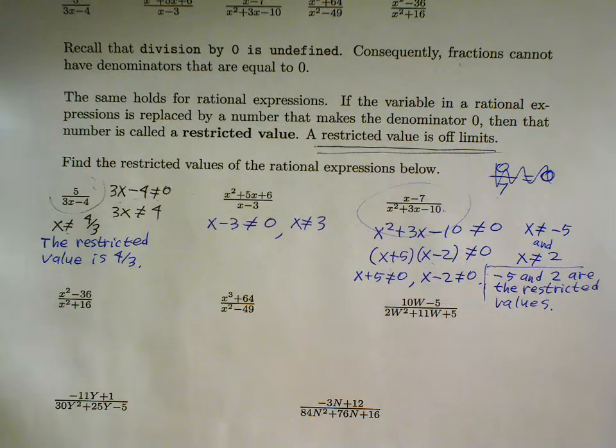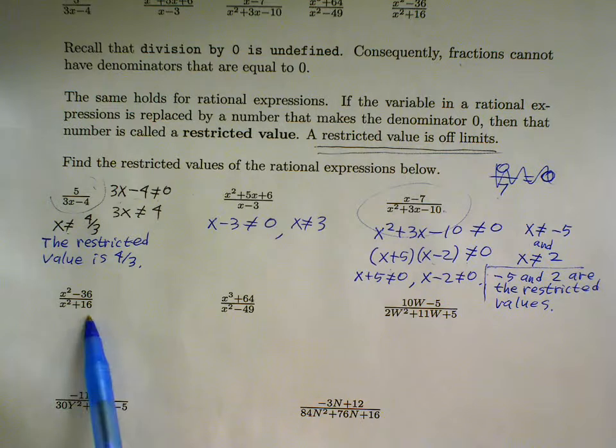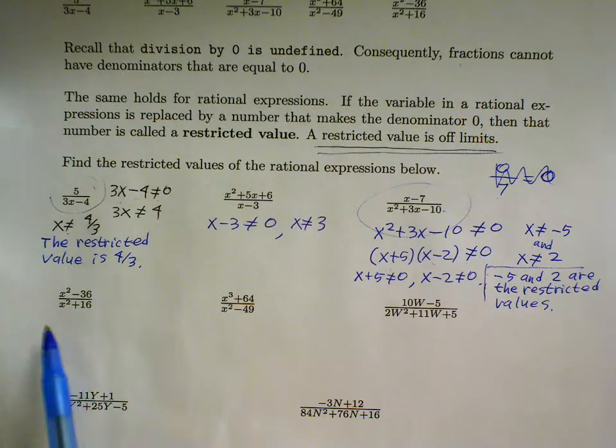What about just 4? Okay, let's test it. If you replace x in the denominator with 4, does the denominator become 0? No. 4 squared is 16, and 16 plus 16 is 32. So -4 is not a restricted value, and +4 is not a restricted value.